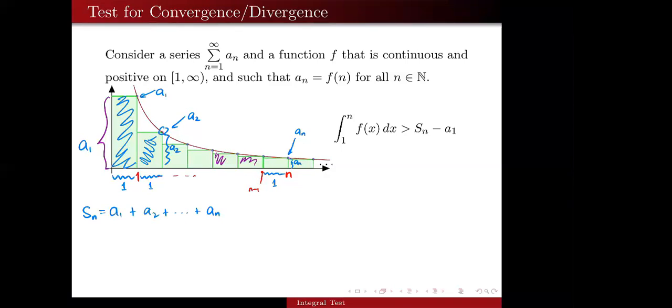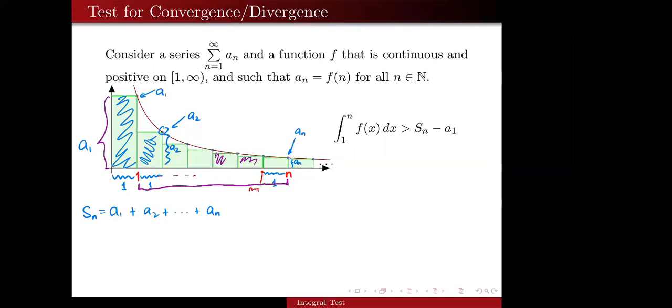This integral here, you look at this integral here, it started from 1. Which means that the integral will only consider from this point up to this point.